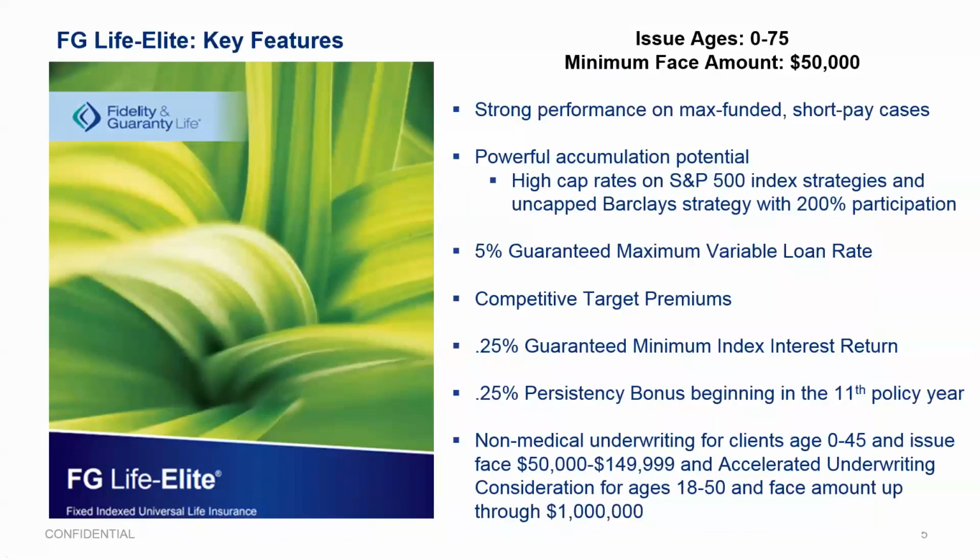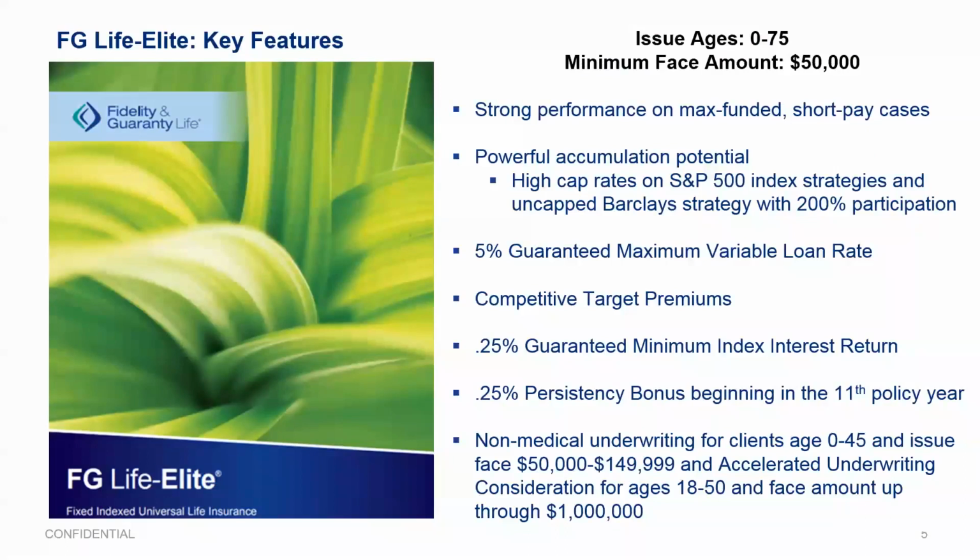We'll talk a little bit more about loan options, but one thing that we're very proud of at Fidelity and Guarantee Life is that we offer a 5% guaranteed maximum variable loan rate on the Elite product. What does that mean? Well, that means that over time, in 10, 20, 30, 40 years, when my client goes to borrow out of his or her policy, he will contractually never be charged more than 5% for their variable loans.